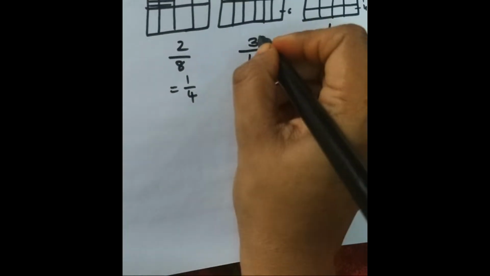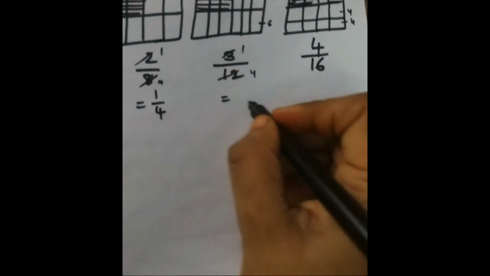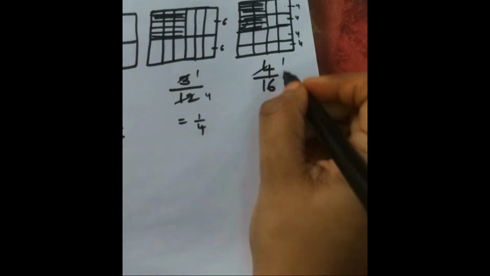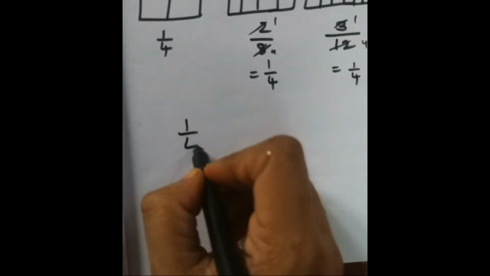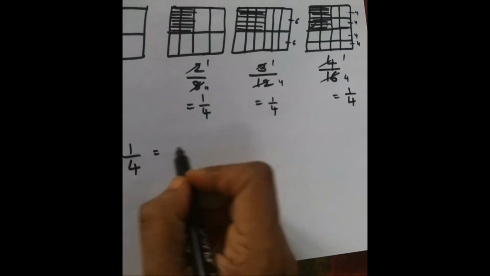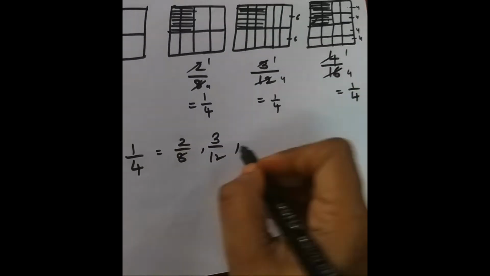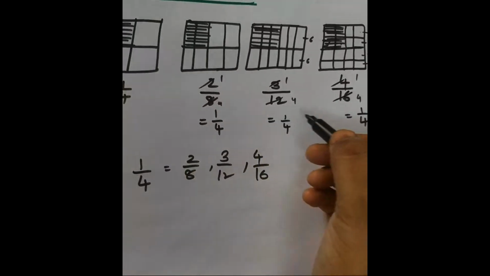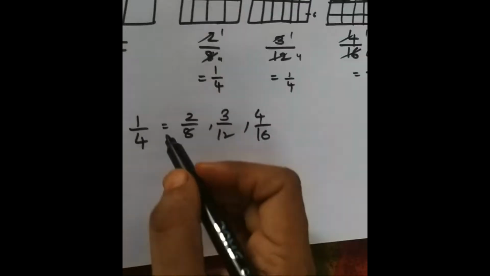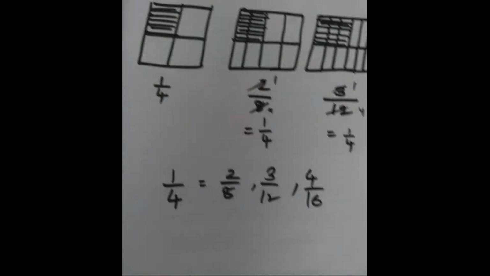This can be written as 3 ones are 3, 3 fours are 12, and 4 ones are 4, 4 fours are 16. So the first diagram, 1 by 4, is equivalent to 2 by 8, 3 by 12, and 4 by 16. Understood, children? We can write 1 by 4 as 2 by 8, 3 by 12, and 4 by 16.